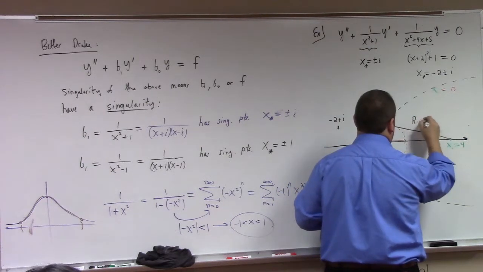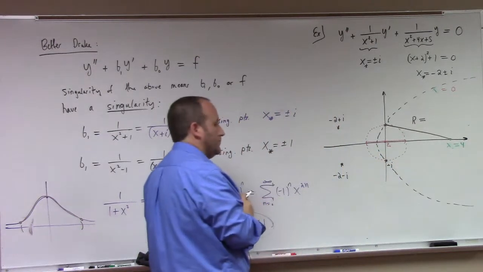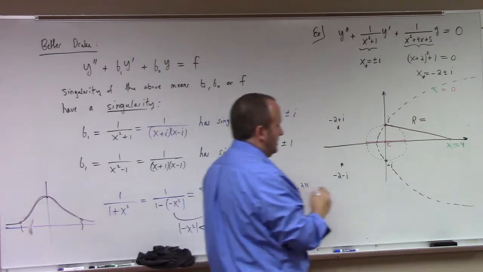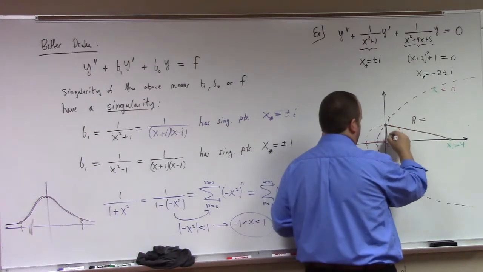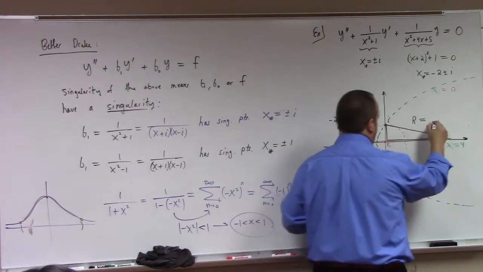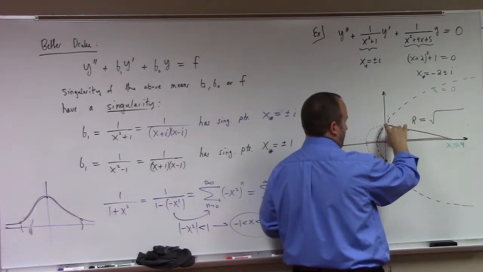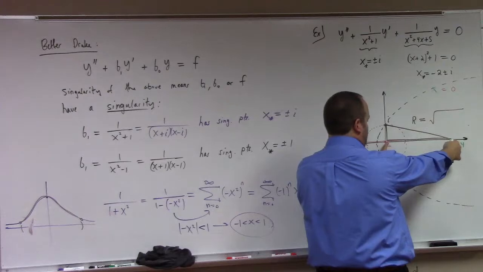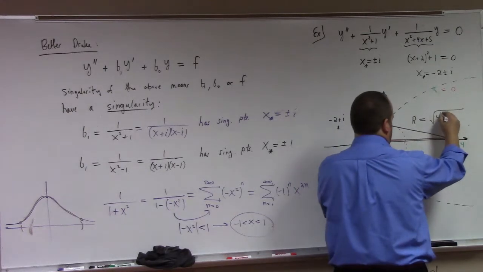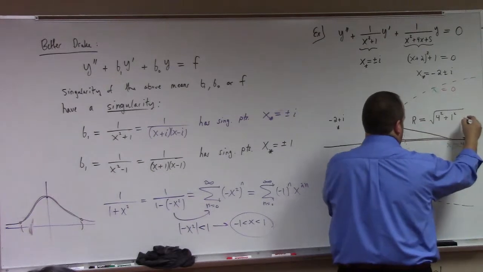What's this radius equal to? Look at the triangle here, right? So the height of the triangle is 1. What's this distance? So we have 4 squared plus 1 squared. So that's the square root of 17.